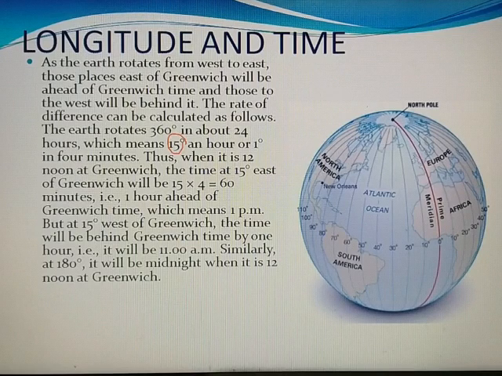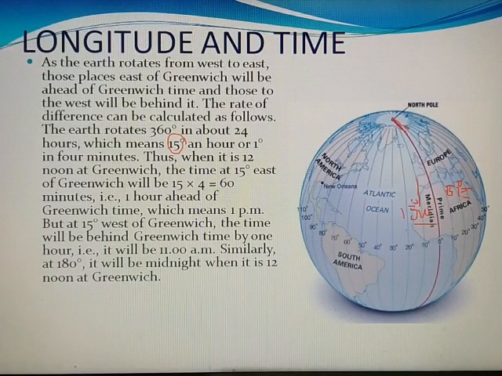So let's see what this paragraph is describing. Longitude is going to help in the calculation of time. How it helps is that, suppose this is 0 degree. Okay, the prime meridian is 0 degree, which we have already learned. And if we take 15 degrees in the eastern side, suppose this is 15 degrees east, and suppose this line is 15 degrees west.